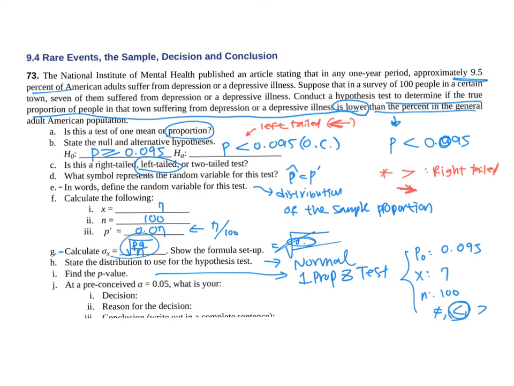What is the p-value? It is 0.197. So that's definitely bigger than alpha. The p-value is bigger than alpha. It means my sample is not unusual.